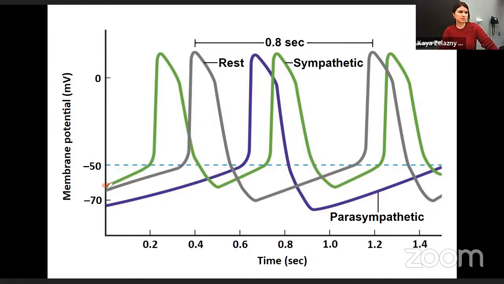So now we see that we're reaching that threshold a little sooner than we did with our resting state, right? We've made it easy to depolarize. We get there quicker, okay? Which means we also fire off our action potential a little sooner, okay?